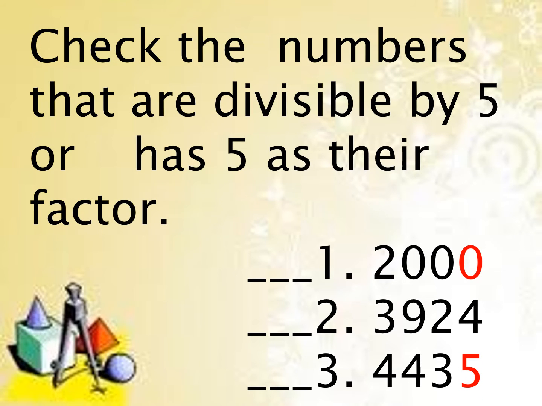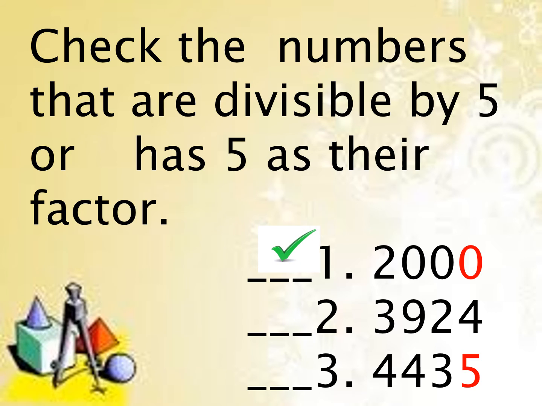Check the numbers that are divisible by 5 or has 5 as their factor. In number 1, 2,000. Number 2, 3,924. Number 3, 4,435. Which numbers are divisible by 5?